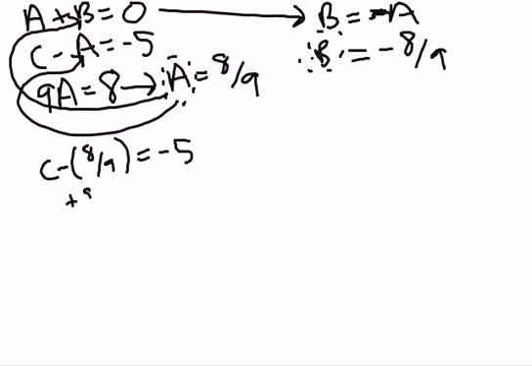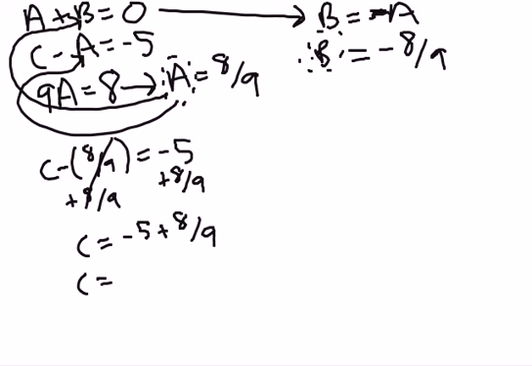So add 8 ninths to both sides. I have to do some fraction addition. Okay, so this can be written as a common denominator of 9. So if I make that over 9, 9 times 5 is -45. So -5 is equivalent to -45 over 9, which means c is -45 over 9 plus 8 over 9, which is -37 over 9.